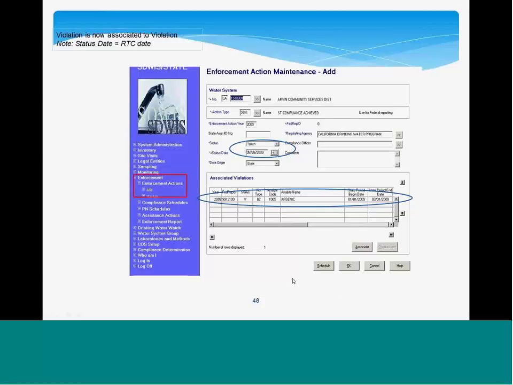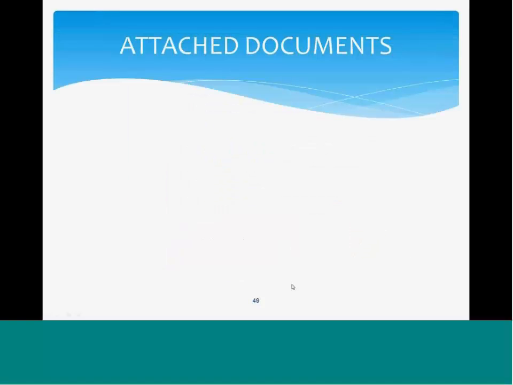So then after this, we would click OK to save all of this information. And that concludes how to enter the violation, associate an enforcement action, and then go back and enter a new enforcement action and associate it to that violation.